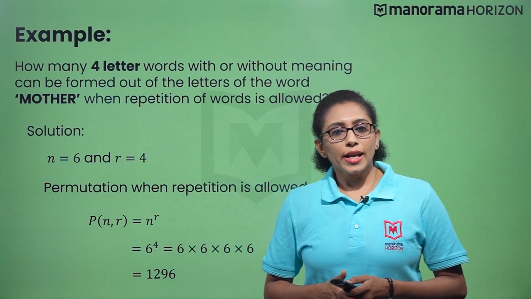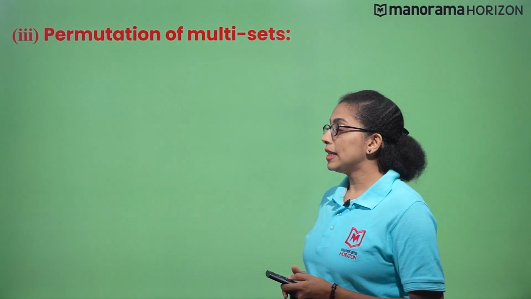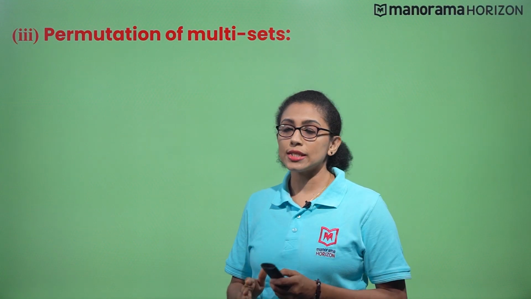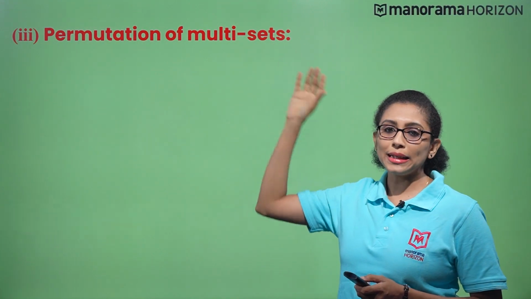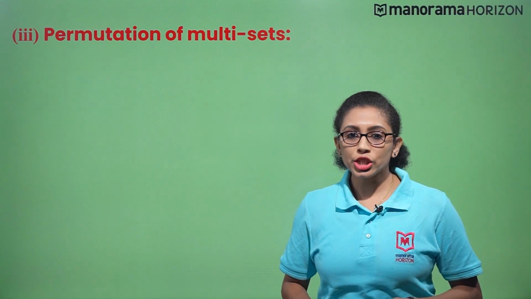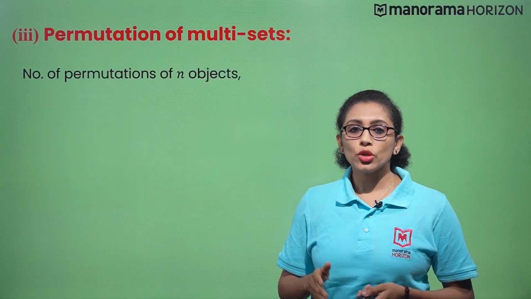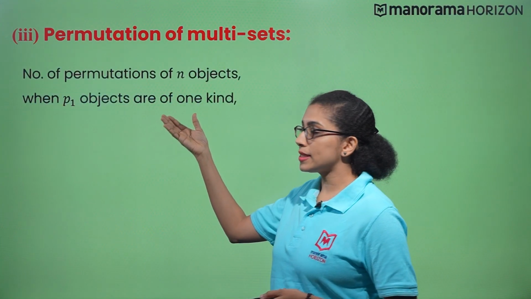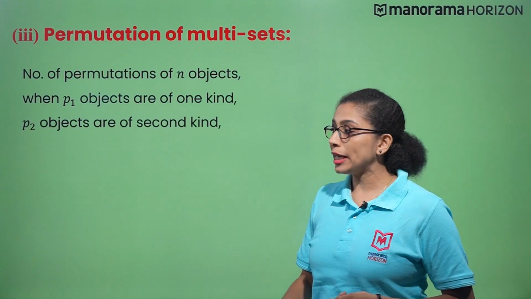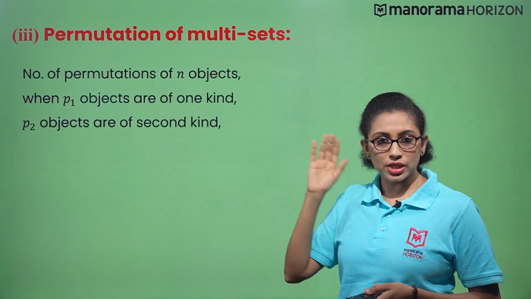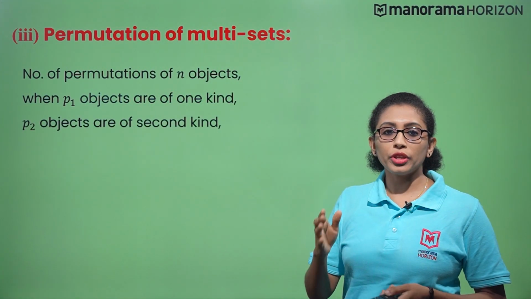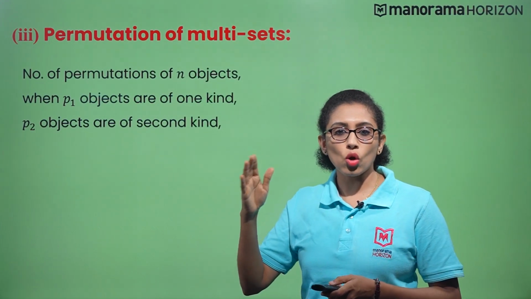1296. Now, we will discuss the last category, which is permutation of multi-sets. Permutation of n objects when p1 objects are of one kind, p2 objects are of a second kind which are similar, p3 objects are of the third kind which are similar, and so on.